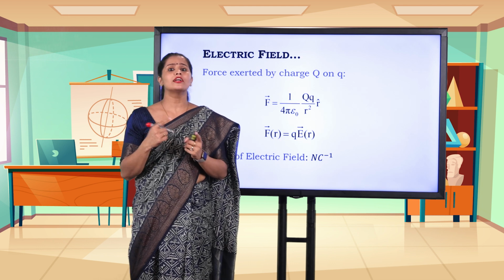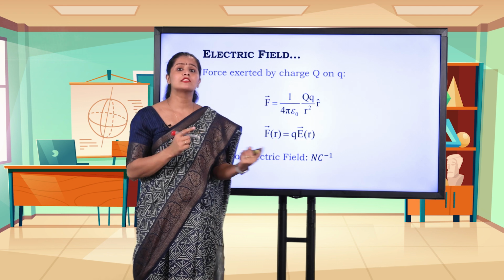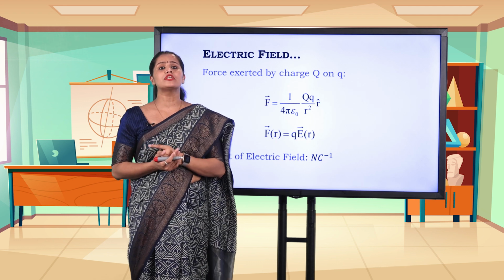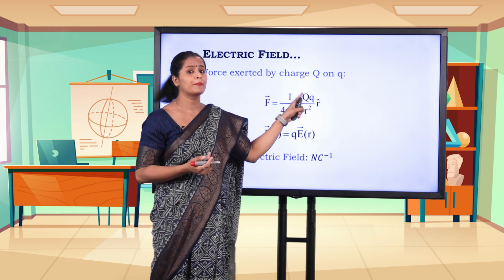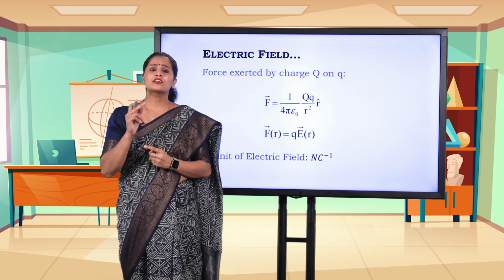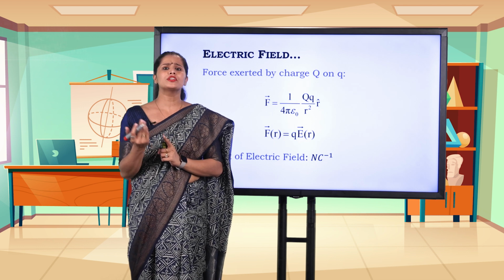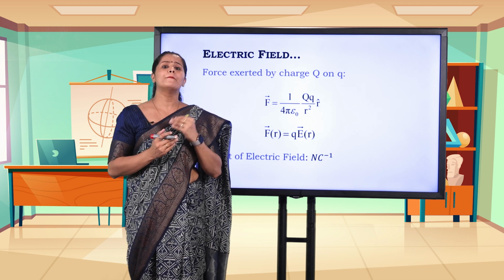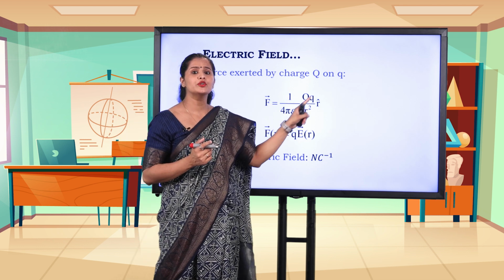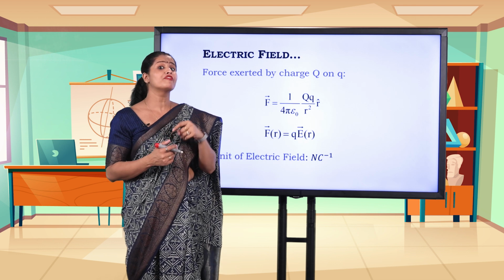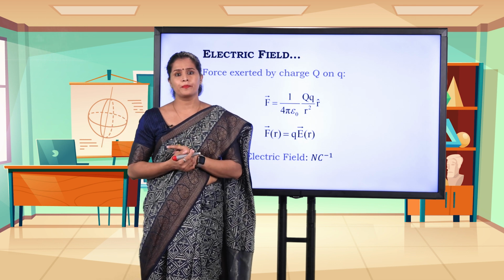Yes, this charge small q also exerts an equal and opposite force on the charge capital Q. The electrostatic force between the charges Q and q can be looked upon as an interaction between the charge small q and the electric field of Q and vice versa.